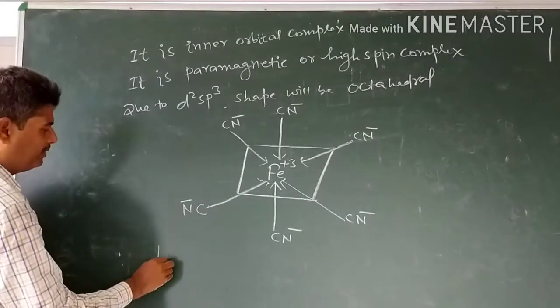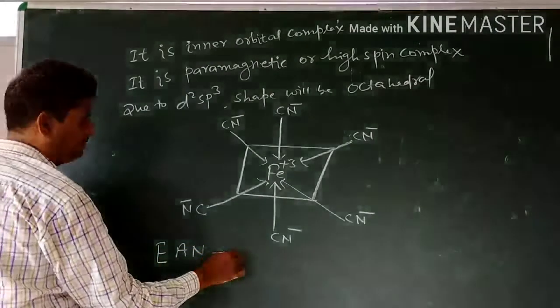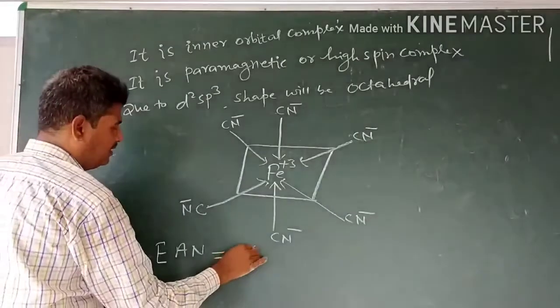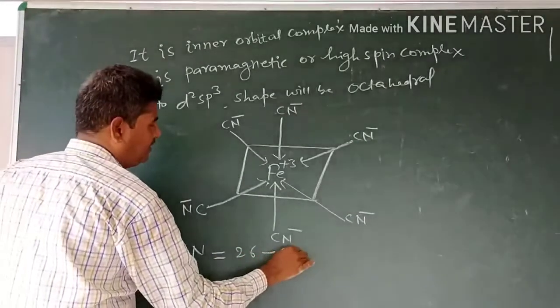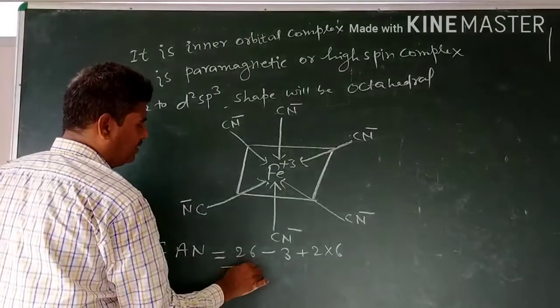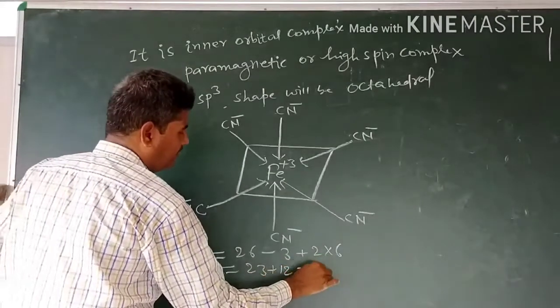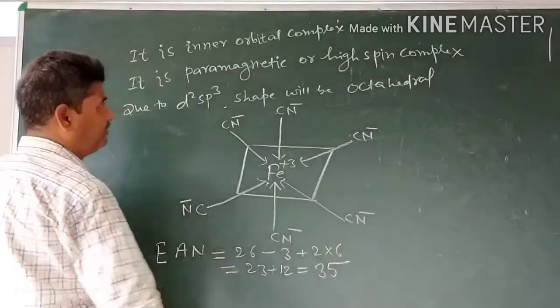Effective atomic number: 26 minus 3 plus 2 times 6, 23 plus 12, 35.